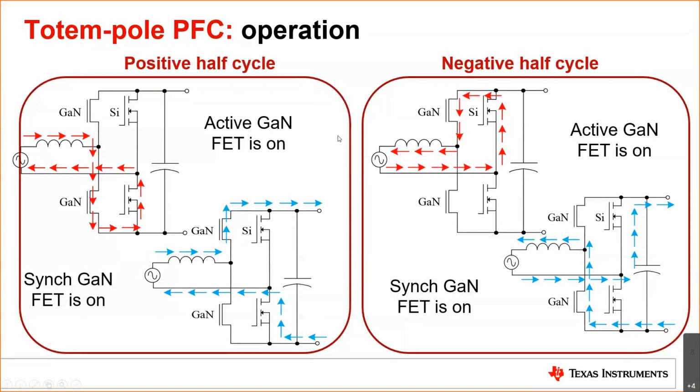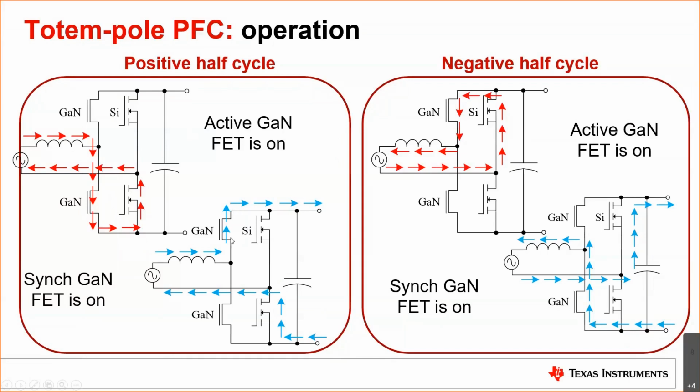But now, quickly a refresher how this PFC actually works. We have within totem pole PFC actually 2 operation cycles, so to say. The first one is linked to the positive half cycle of the AC input. In this, you will see that the lower silicon FET is continuously turned on. And the GaN FET for the second half bridge is now switched to charge the inductor.